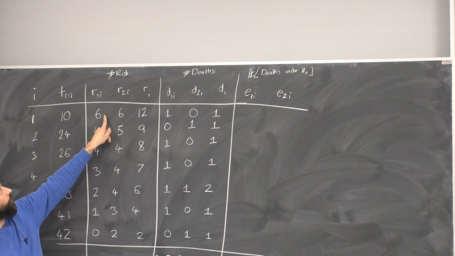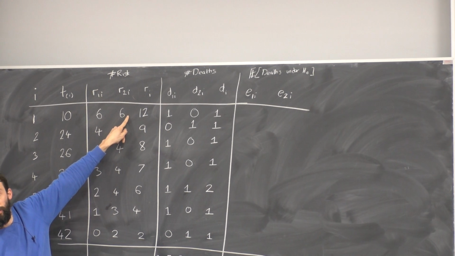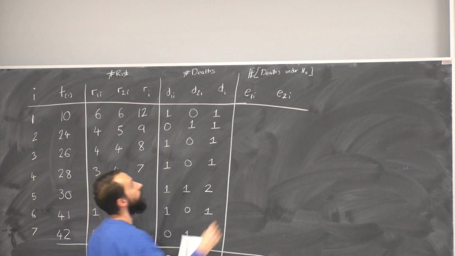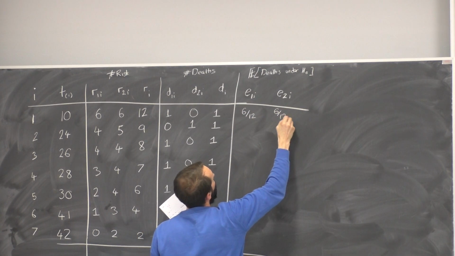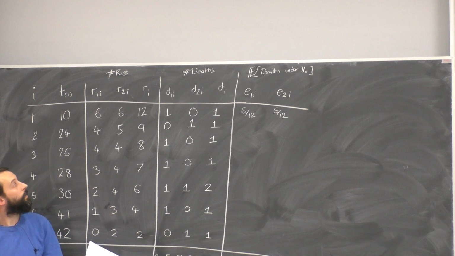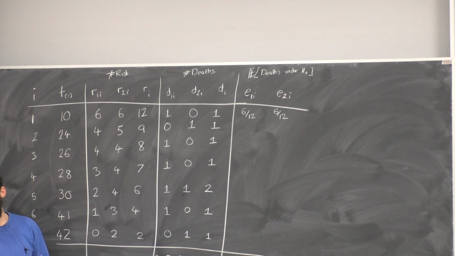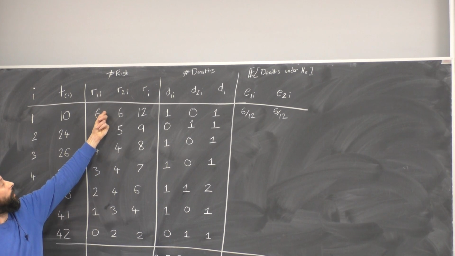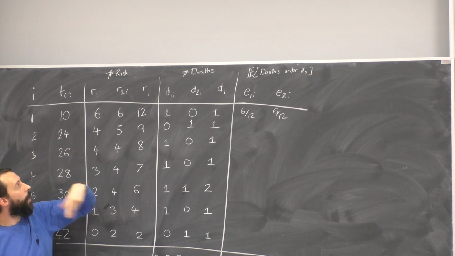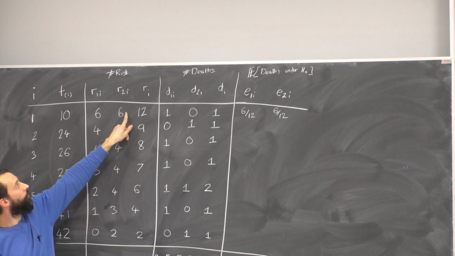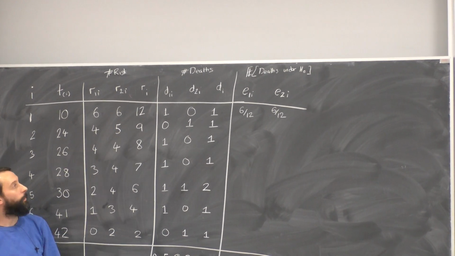I've got 6 in group 1 and 6 in group 2. A half, yeah. Okay, so I've got 12 people. It's equally likely to be any of those people that have failed. So the expected number of deaths in group 1 is going to be 6/12 times 1. Expected number of deaths in group 2 is going to be 6/12 times 1.